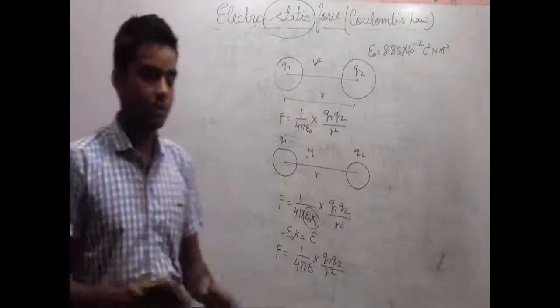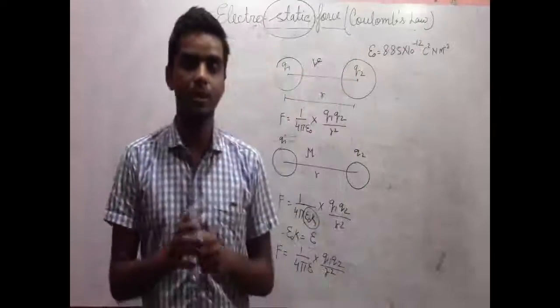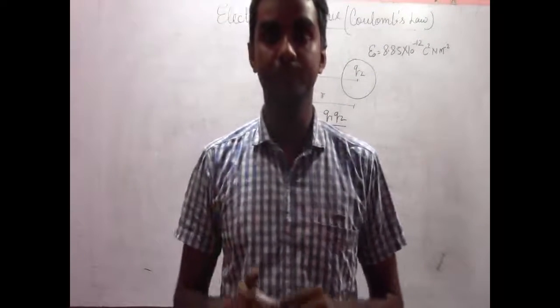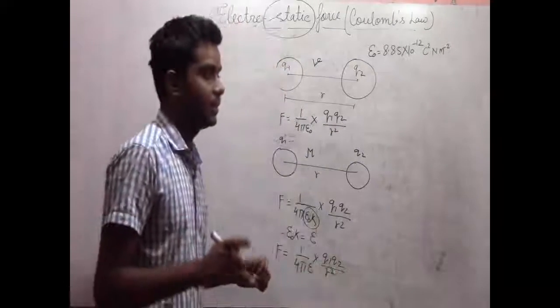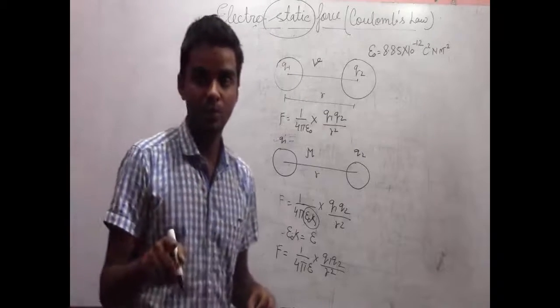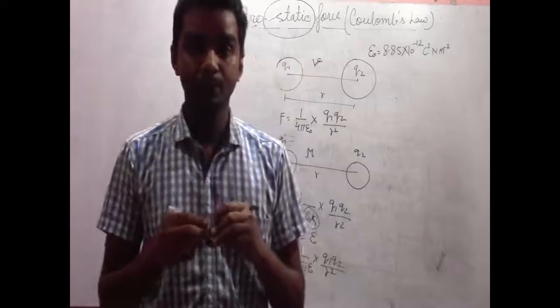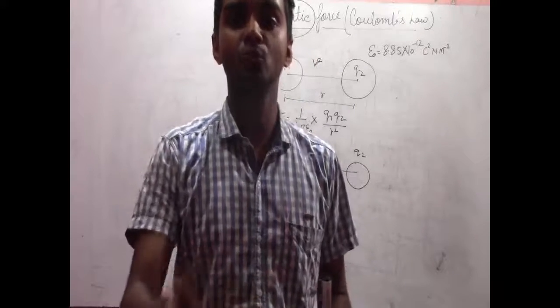The question will be straightforward. Suppose my question is: calculate the permeability of a medium whose permeability constant is 1.25. I repeat my question: calculate the permeability of the medium whose permeability constant is 1.25.